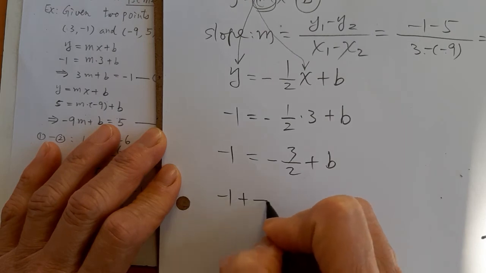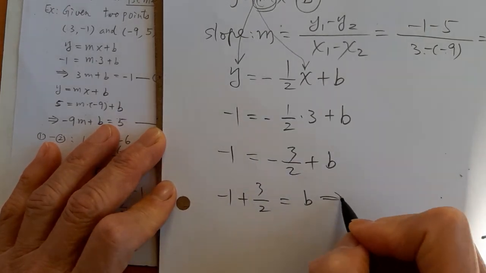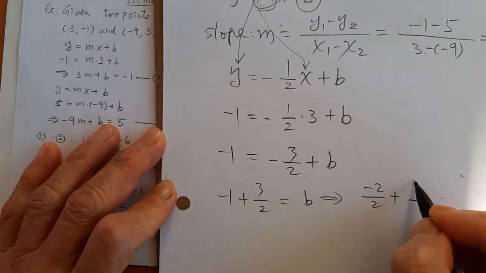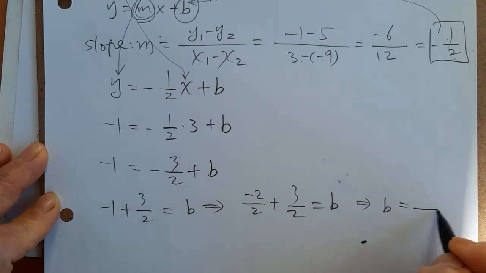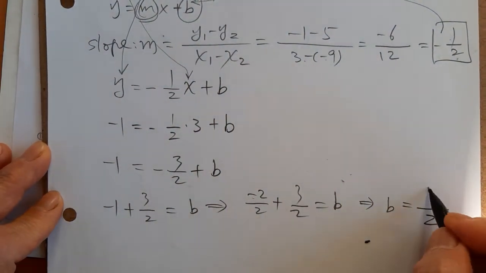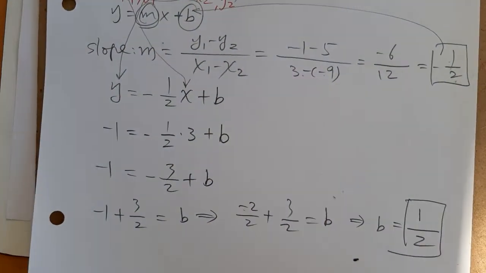Then -1 add 3 over 2 equals b. That is -2 over 2 add 3 over 2 equals b. So denominator is 2, numerator is 3 add -2, it's 1. So b is 1/2. So this is the second method.